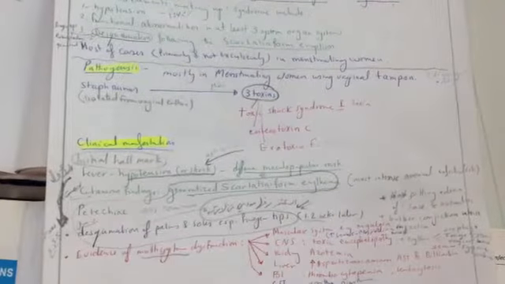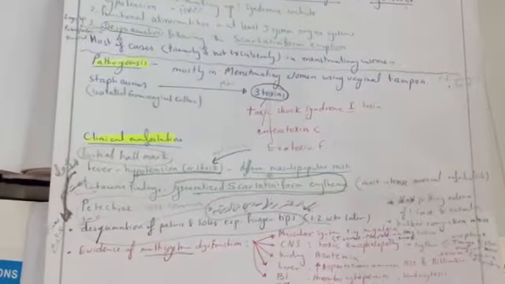We will see the pathogenesis of the toxic shock syndrome. It is mostly in menstruating women using vaginal tampons, and it is from Staph aureus toxins. Of course, the Staph aureus is isolated from the vaginal culture.